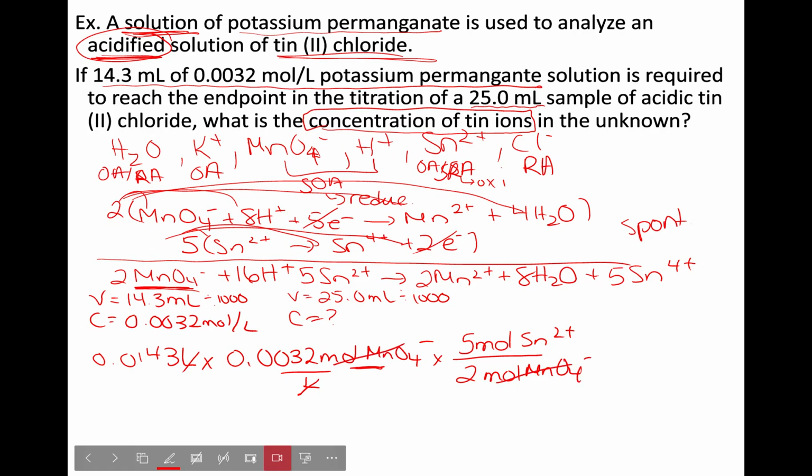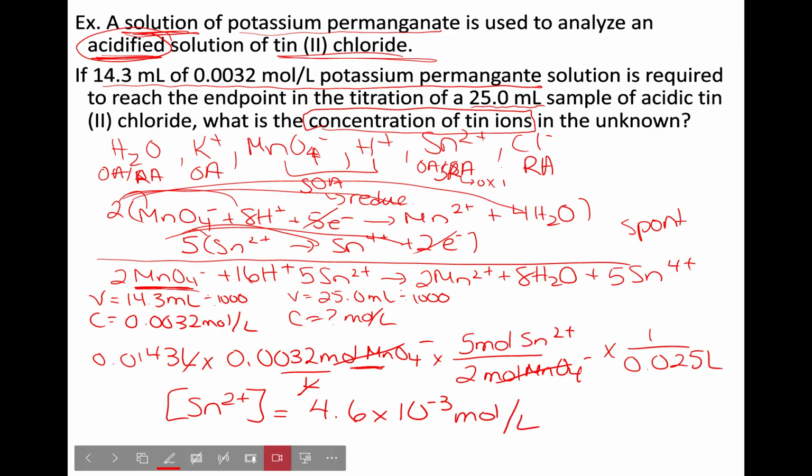So moles of MnO4 cancel, and now we're at moles of tin. And concentration when we're done is moles per liter. So now we have moles in the numerator, we just need to see liters in the denominator, and there was 25 milliliters, which is 0.025 liters. So you can plug this into your calculator, and when you're done, you'll have the concentration of your tin 2 ions, and we should see 4.6 times 10 to the negative 3 moles per liter.